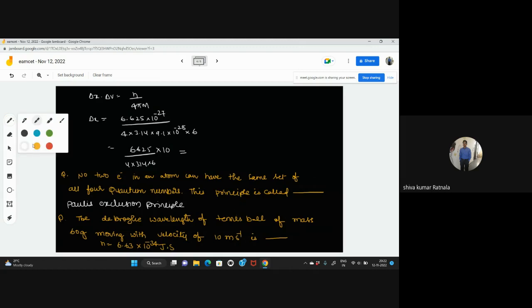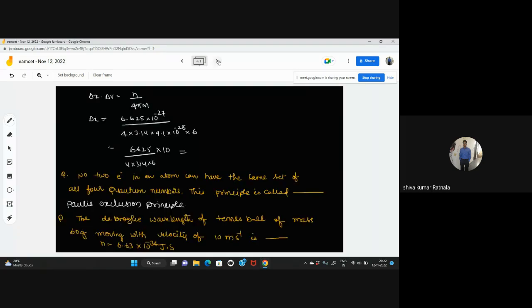Note down this problem and tell me the answer. What is the formula we need to use? Lambda equals h by mv. So the formula is lambda equal to de Broglie wavelength, no? Lambda equal to h by mv.